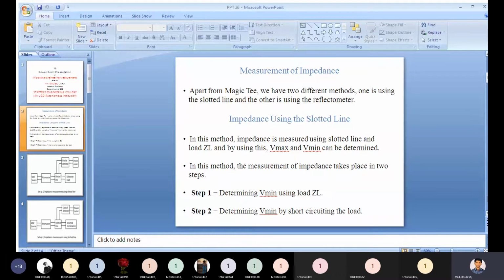In this method, the measurement of impedance takes place in two steps. Step 1, determining V minimum using load impedance value ZL.